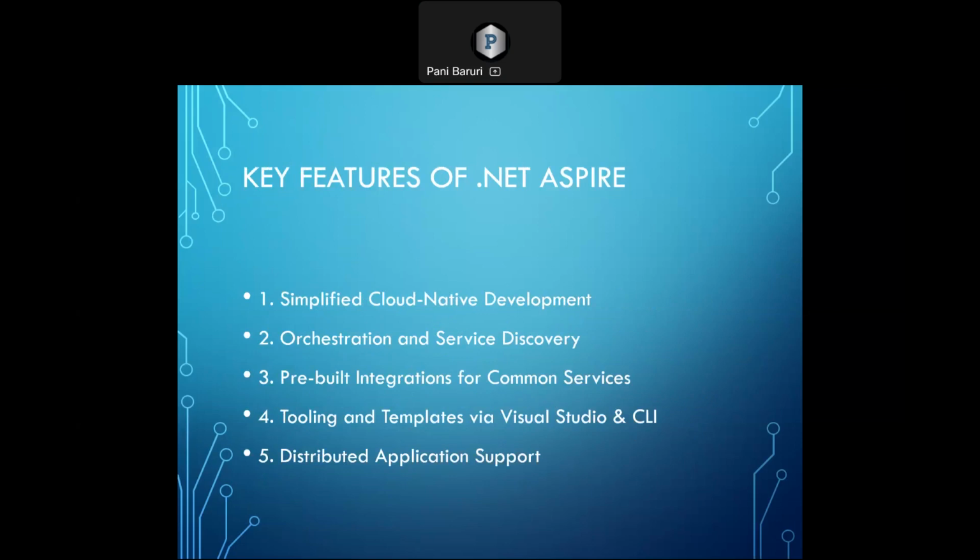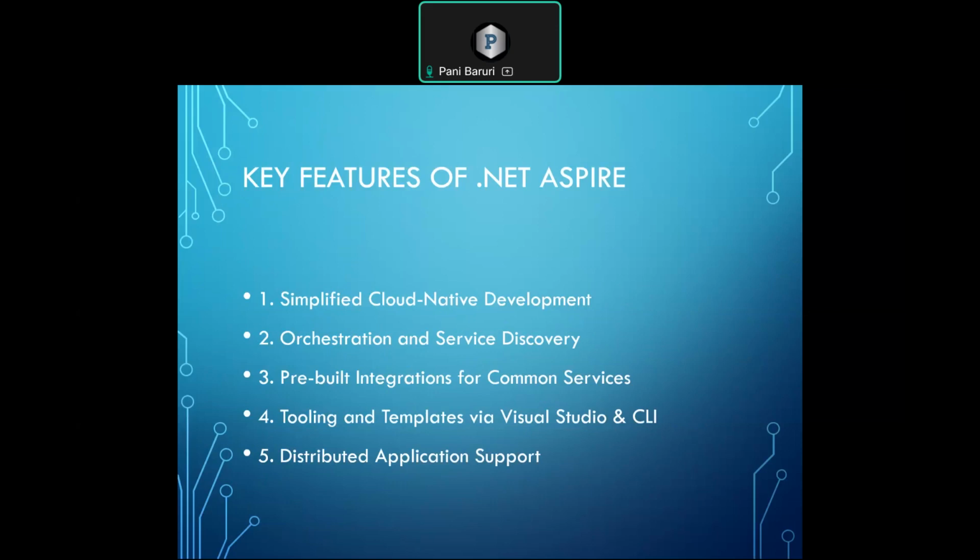So now let's take a closer look at the key features of .NET Aspire that make it such a powerful tool for cloud native development. Number one, simplified cloud native development. Aspire abstracts a lot of the complexity involved in creating cloud native apps, so we can focus more on the business logic rather than the infrastructure setup. Number two, orchestration and service discovery.